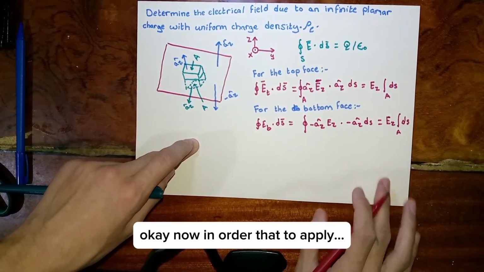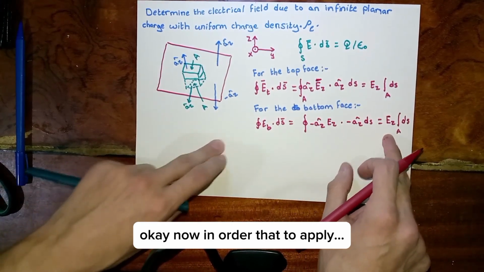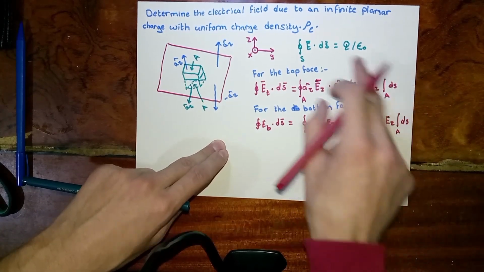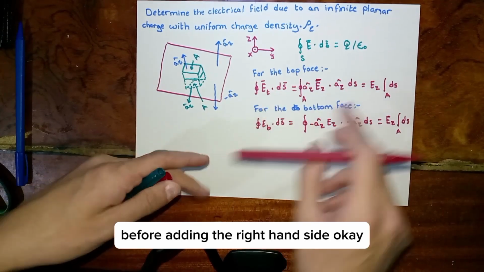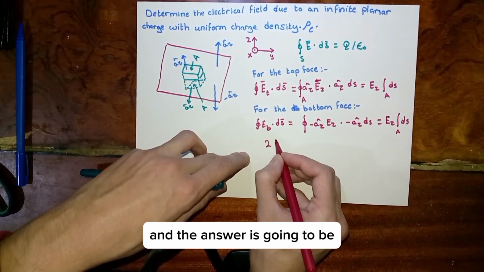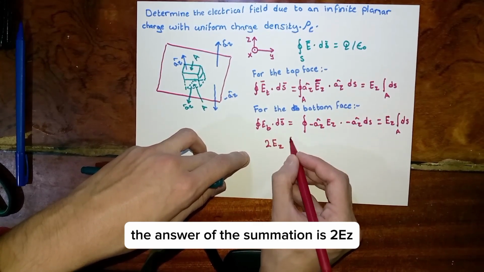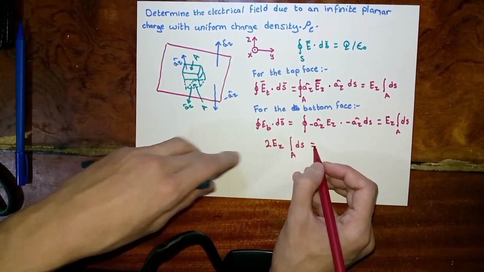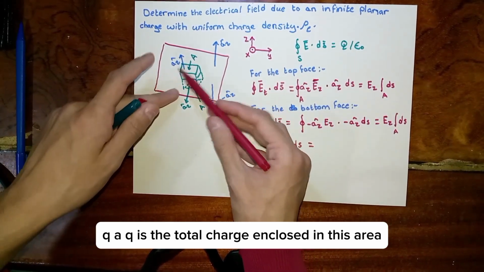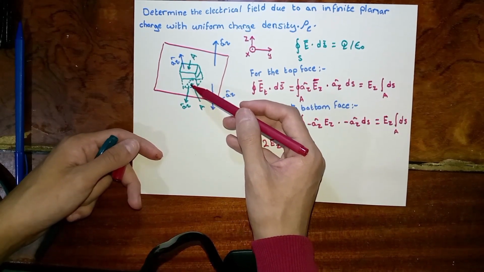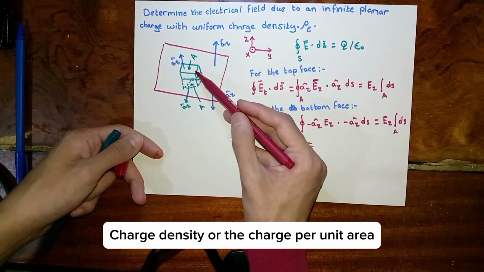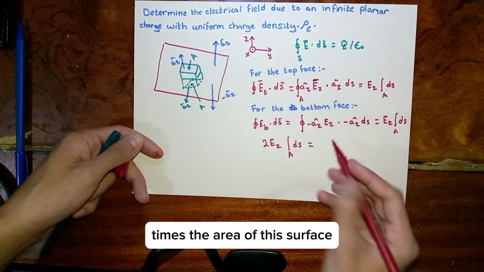Now, in order to apply Gauss's law, we are going to add these two contributions before the right-hand side, and the answer of the summation is 2E times the integral of dS, equals Q, which is the total charge enclosed in this Gaussian surface. So the total charge enclosed is equal to the charge density, or the charge per unit area, times the area of this surface.